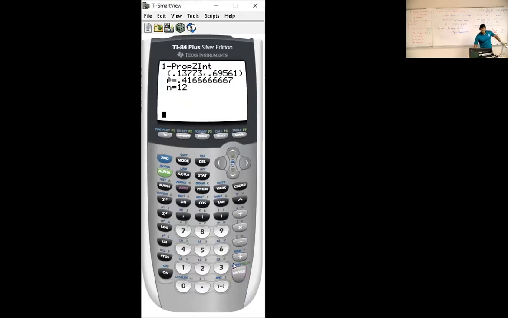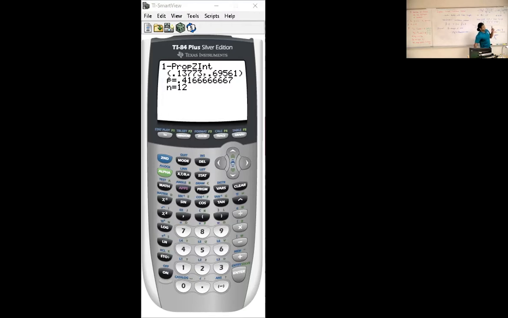So I realized immediately that something was off. The moment I did this in the calculator, the calculator does Laplace-Wald confidence interval. And if you round that to the nearest hundredth, you would get 0.14 and 0.70.